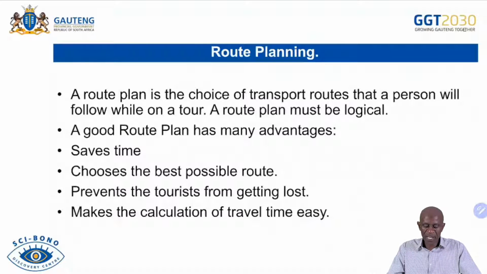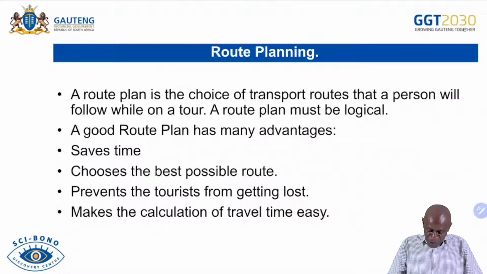A good route plan chooses the best possible route, not necessarily a shortcut, but the best possible route means: is the route passable? You are able to drive on that route.